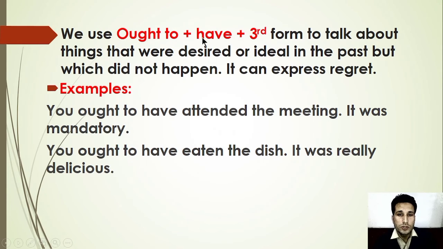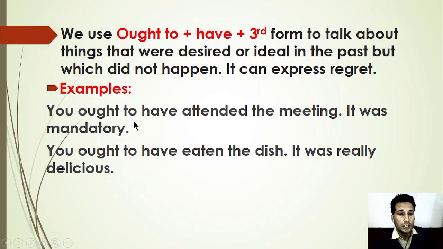We use ought to plus have plus third form to talk about things that were desired or ideal in the past but which did not happen. So it means it can express regret. When we regret something, when something happened and it was against the expectations, so we are regretting that, there we can also use ought, but the structure is different. It is followed by have and then third form.